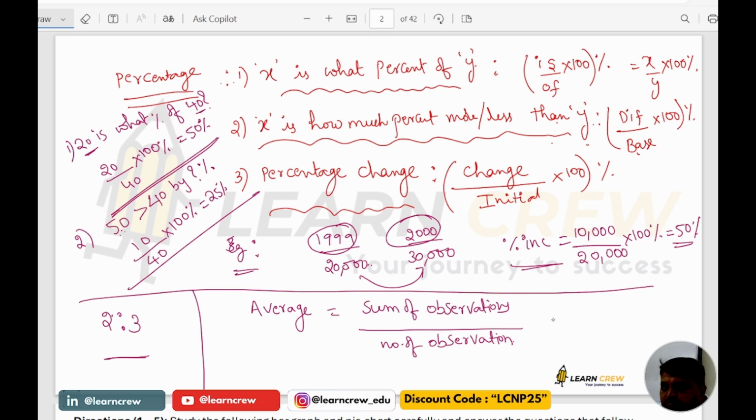The sum of the observations means the populations in the respective years, 20,000 and 30,000, which sum to 50,000, divided by 2, which will give you 25,000.